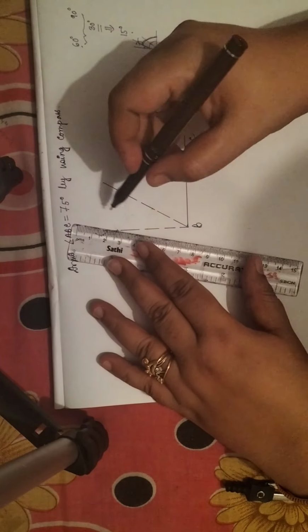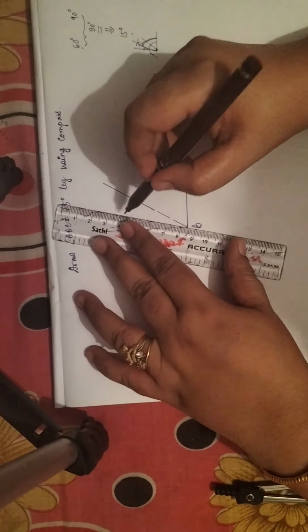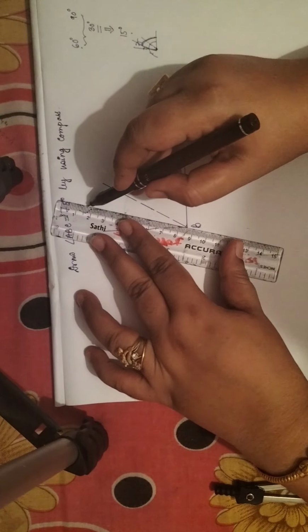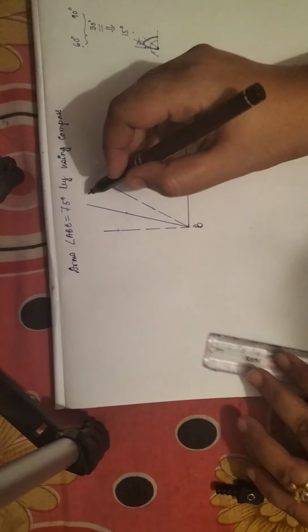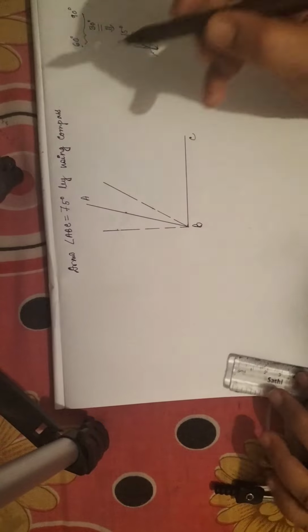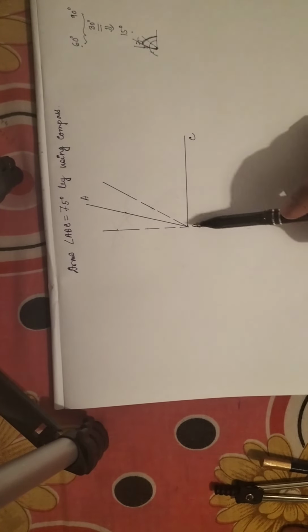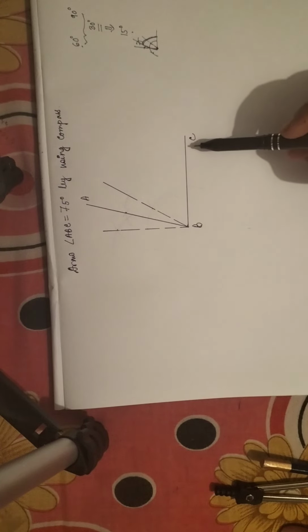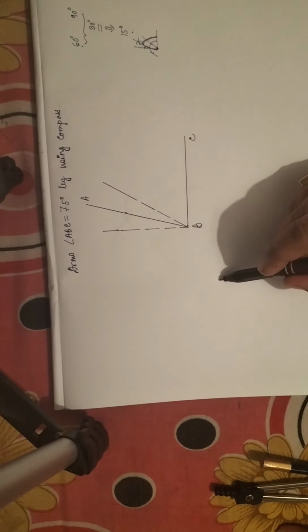Now this intersection point is marked and is joined with B and is extended up to A. So this is the required angle, angle ABC, which is of measurement 75 degree.